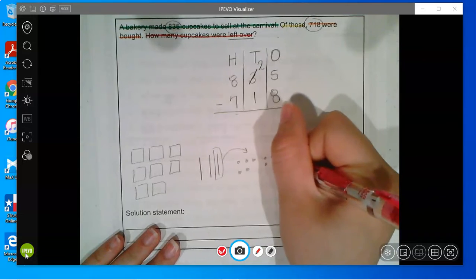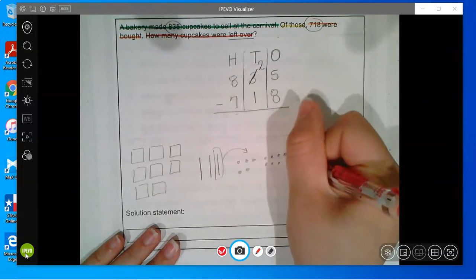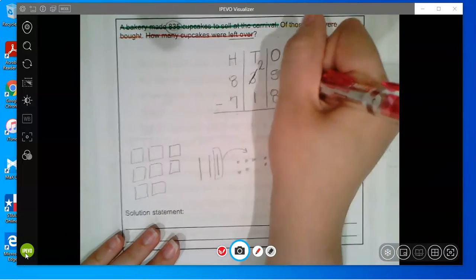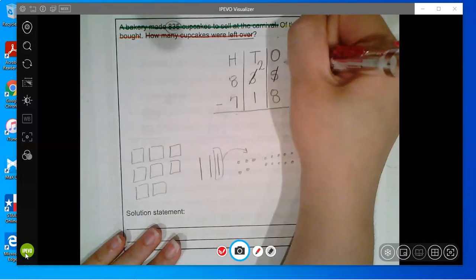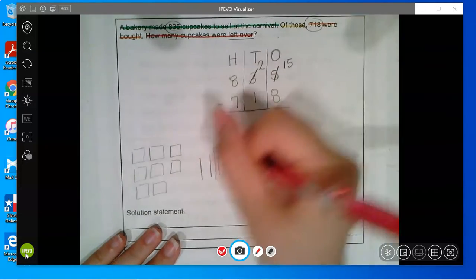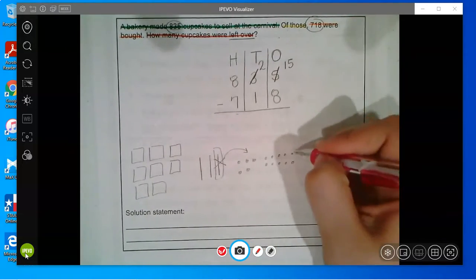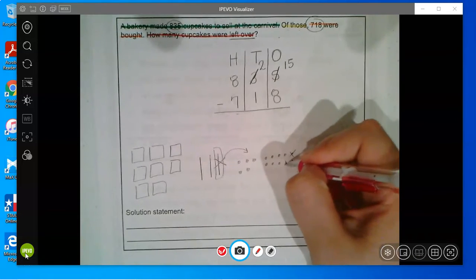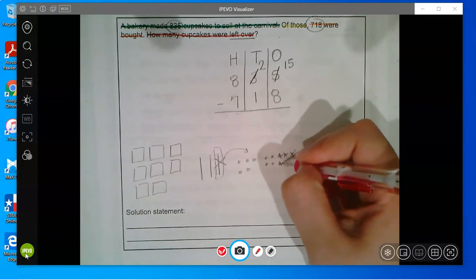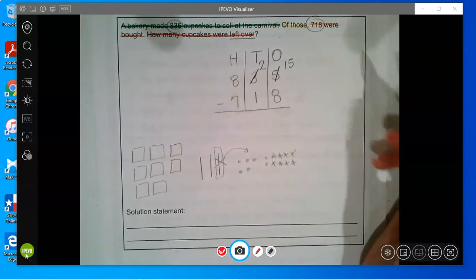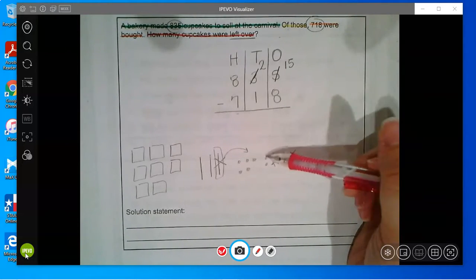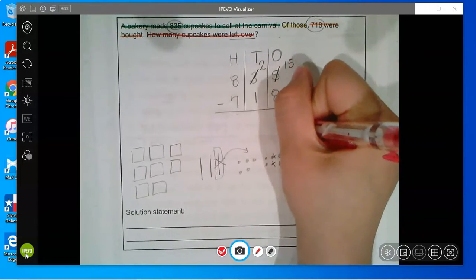So 1, 2, 3, 4, 5, 6, 7, 8, 9, 10. So instead of 5 ones, I have 15 because I took that one out. Now I can take away 8. 1, 2, 3, 4, 5, 6, 7, 8. So I have 1, 2, 3, 4, 5, 6, 7. So I have 7 ones.